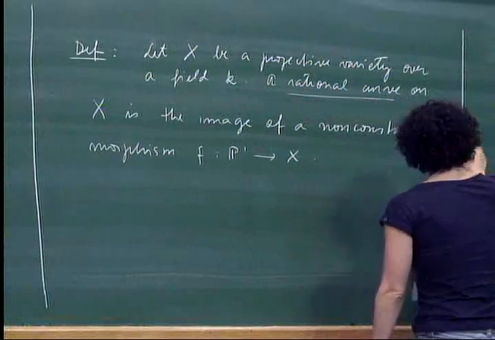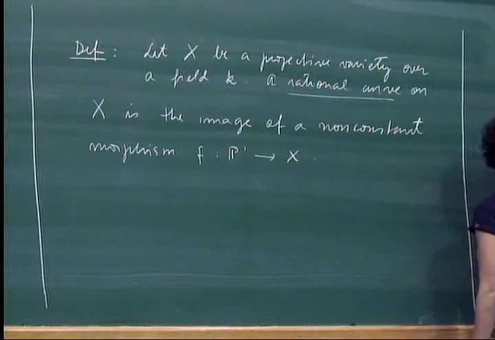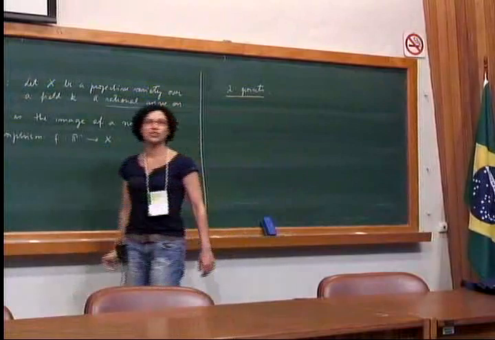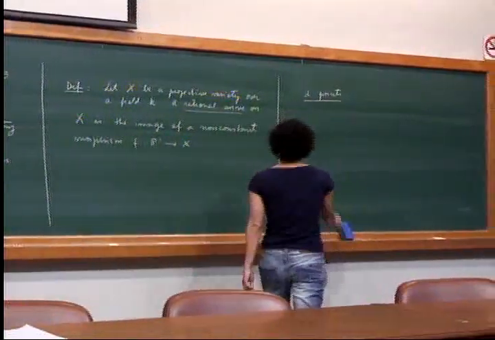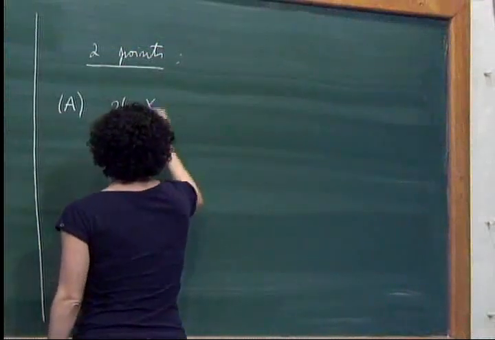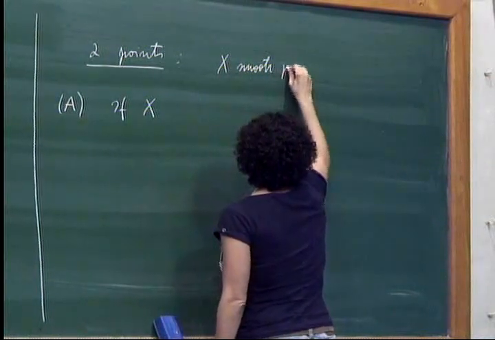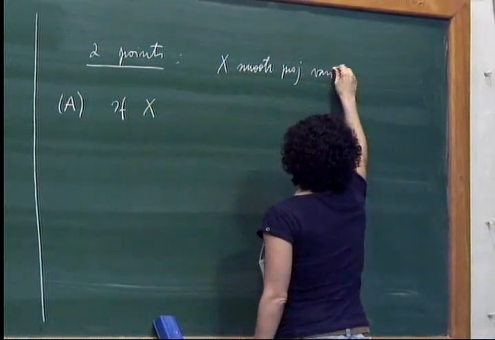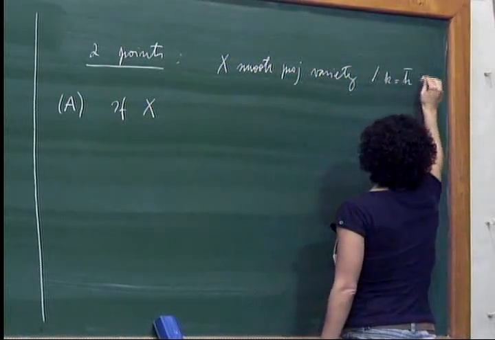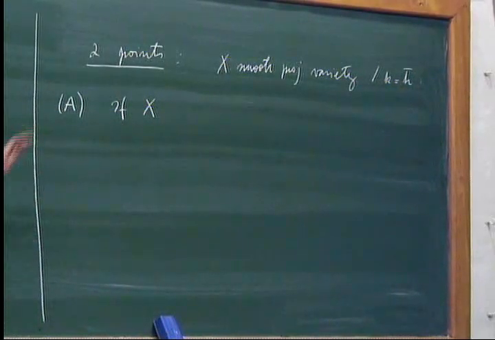I would like to make two points. The aim of this introduction is really to justify these two points. Point A: if X, let me say a smooth projective variety, say for the moment over an algebraically closed field. This is not necessary, but for the moment let's fix this.